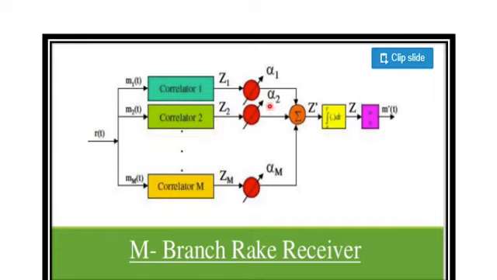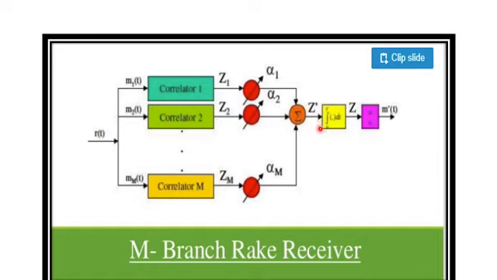Then these outputs are given to a summer. So Z dash is the summer output, which is the weighted sum of Z1 alpha 1, Z2 alpha 2, etc. up to Zm alpha m.